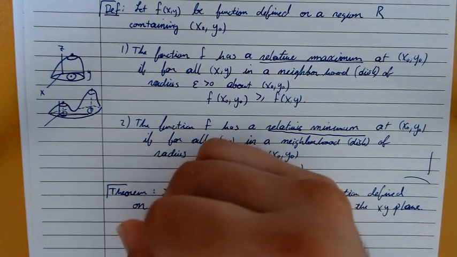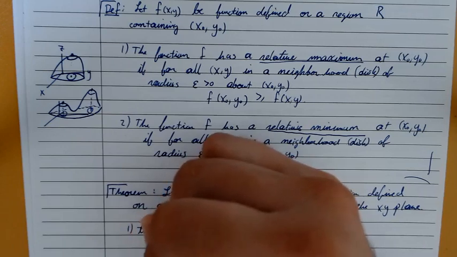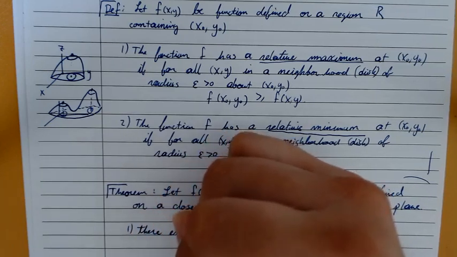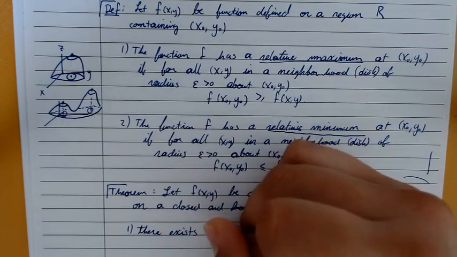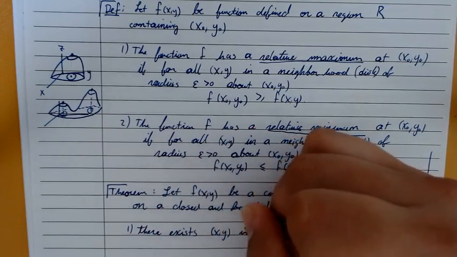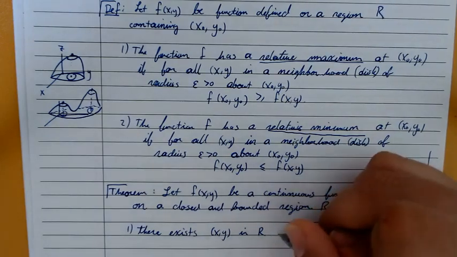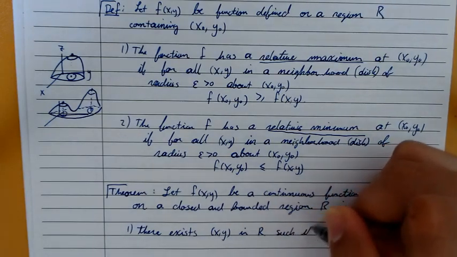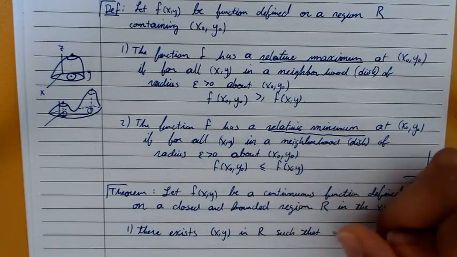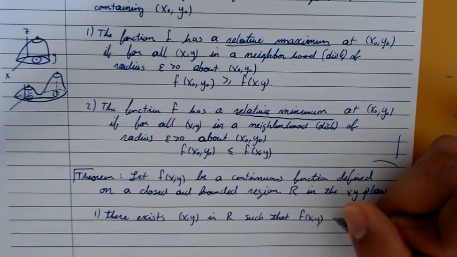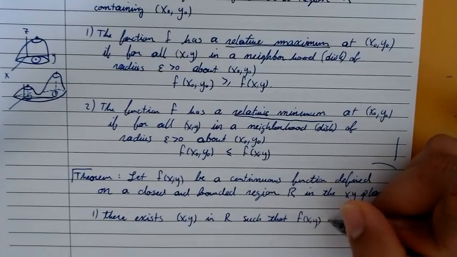Then, two things. First of all, there exists an x comma y in R, there exists some point somewhere in that region, such that f of x comma y has a maximum value.